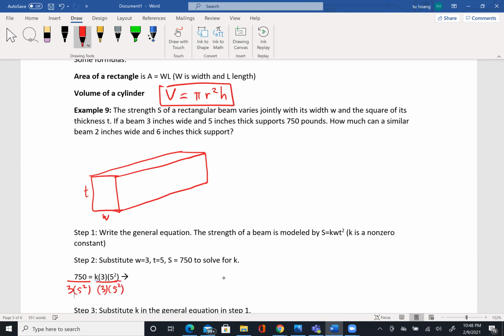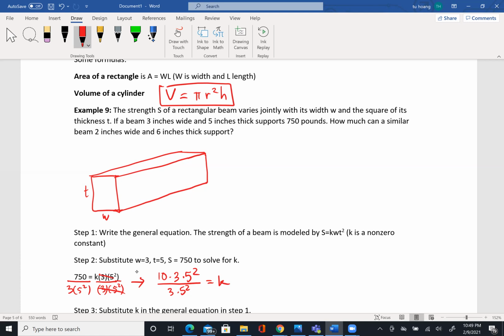I will cancel this on the right-hand side, and the left-hand side now becomes 10 times 3 times 5 squared on the top, and 3 times 5 squared at the bottom.